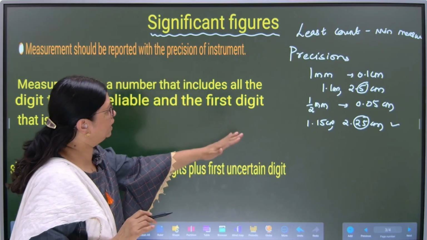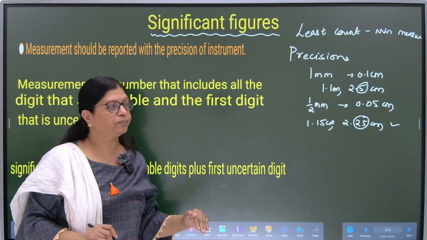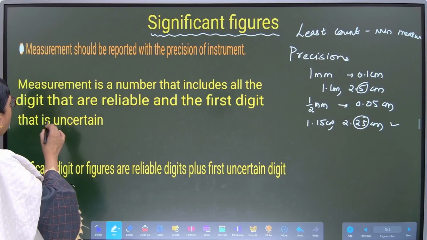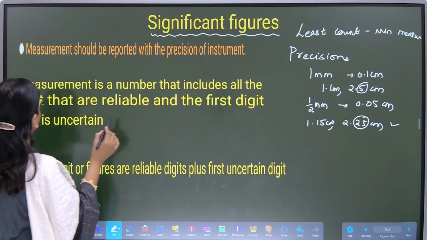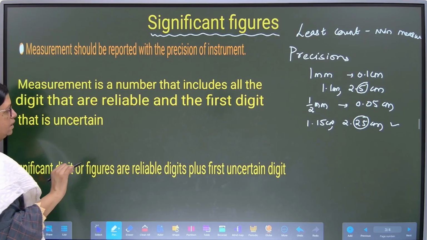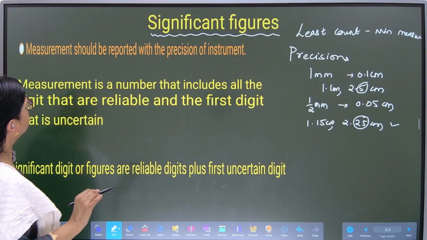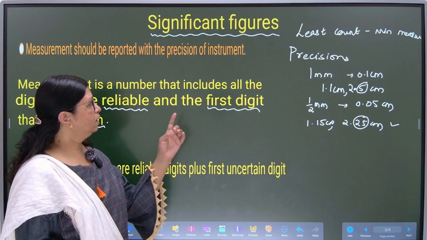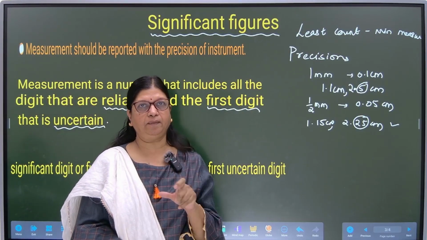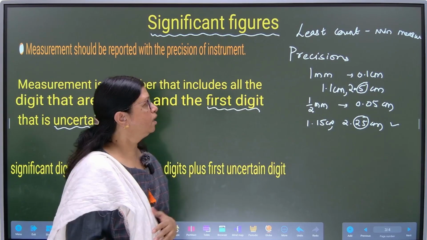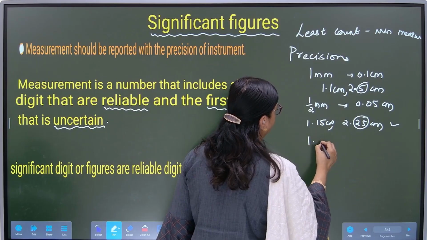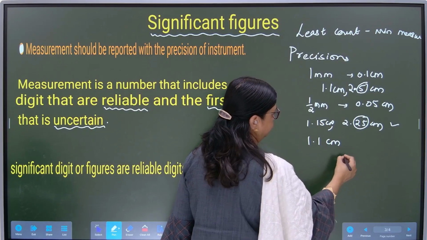Okay. Now, once the reporting is done, we have to find out what the significant figures are in it. Okay? So, let us consider with an example how to decide the significant numbers in a particular measurement. So let us go back to this example given, 1.1 centimeter.